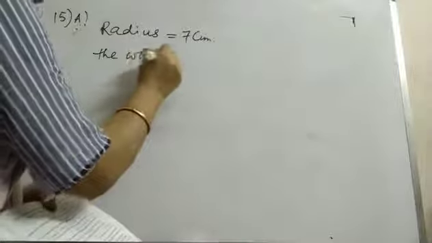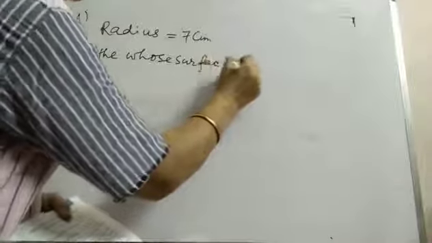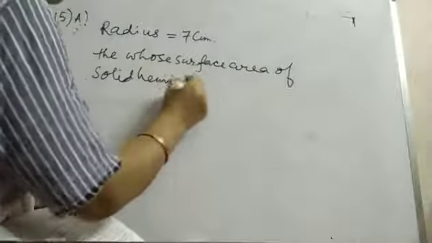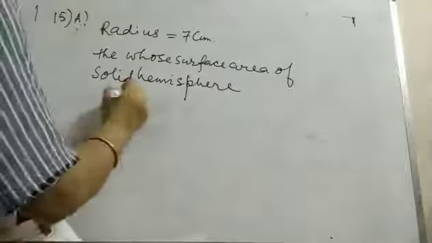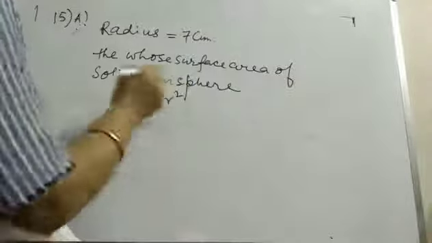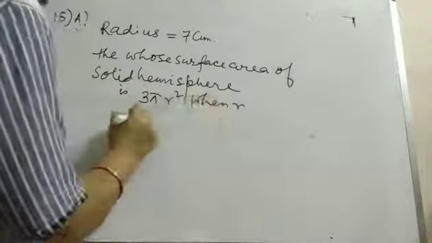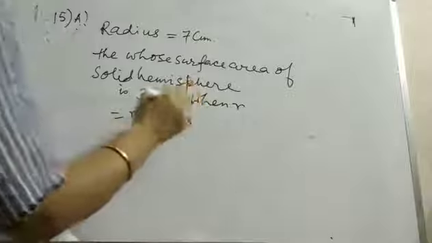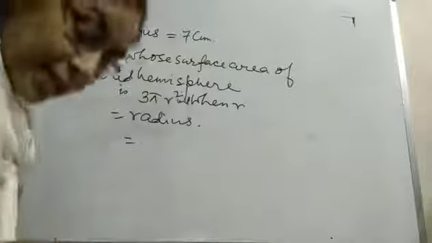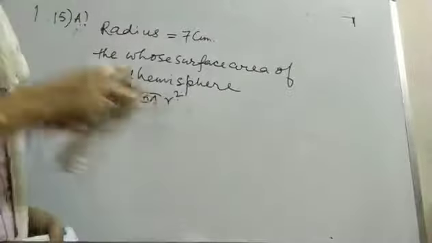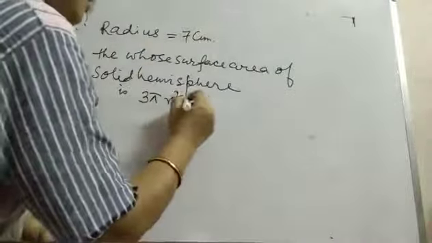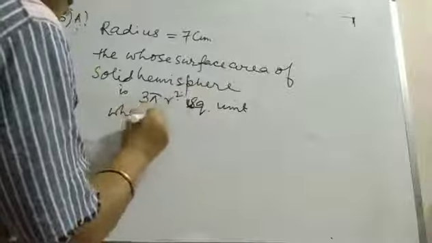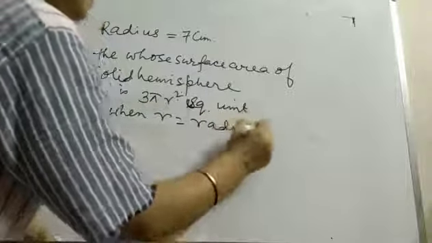The whole surface area of a solid hemisphere is 3 pi r square unit, when r equals radius.